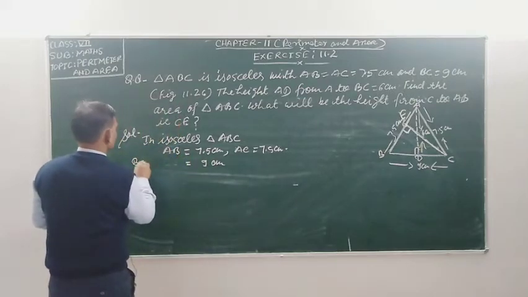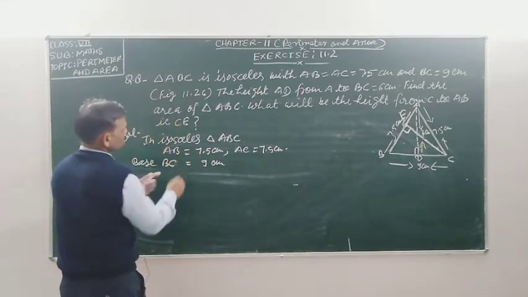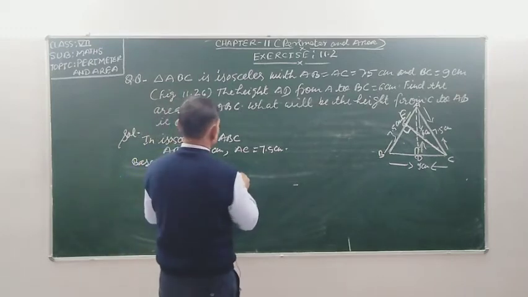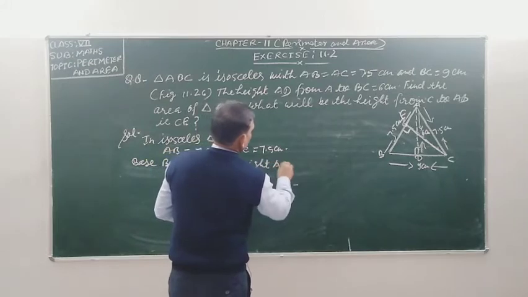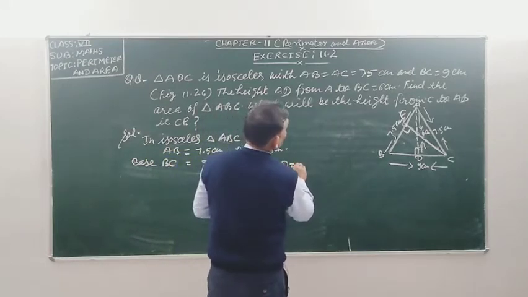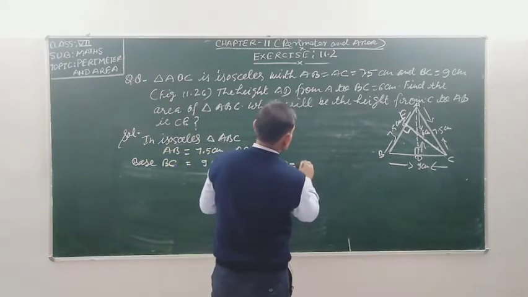This is the base BC is equal to 9 centimeter. Height AD is equal to 6 centimeter.